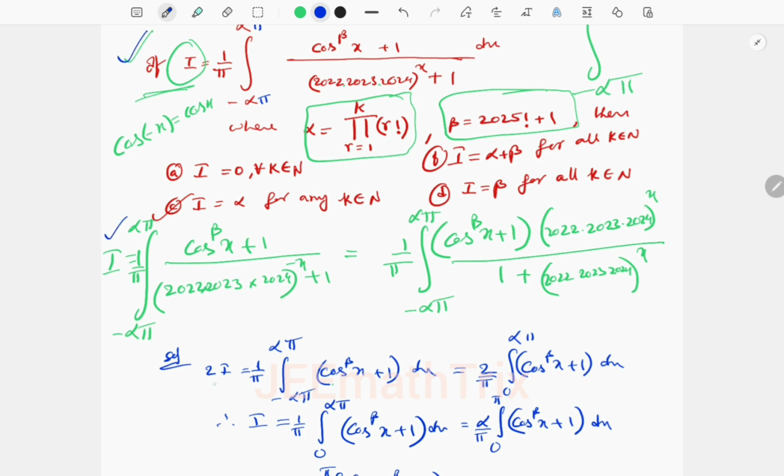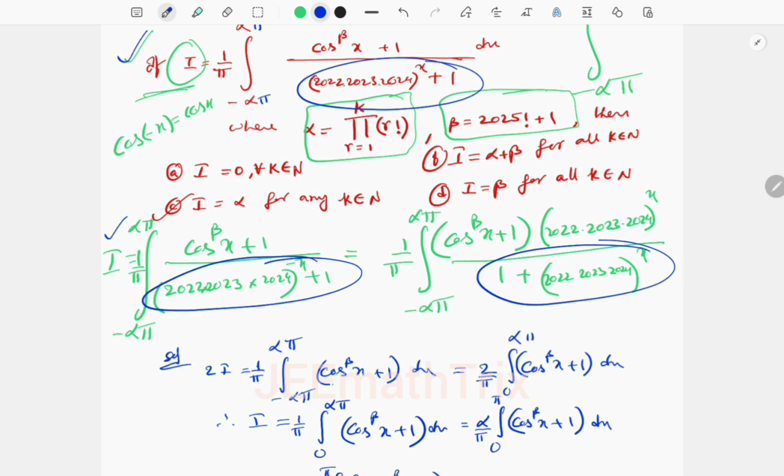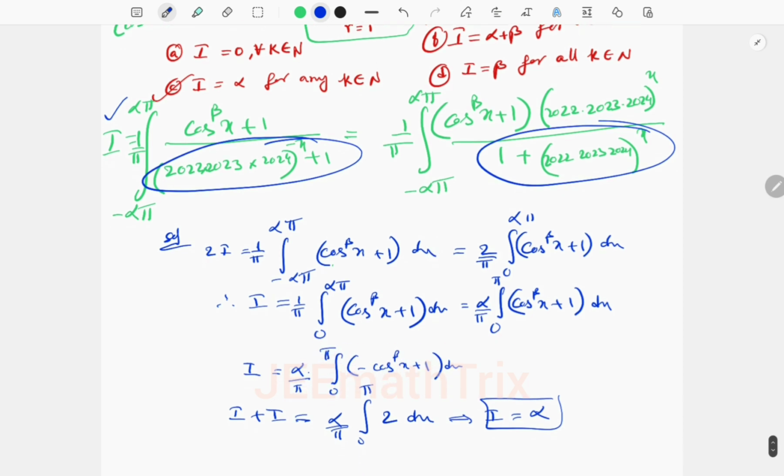If you add these two, 2I equals, since the base is the same, when you add these two terms, the numerator cos power beta x plus 1 is common, then these two terms get cancelled. So you'll be left with 2I equal to 1 by pi times the integral from minus alpha pi to alpha pi, only this cos power beta x plus 1 will remain.